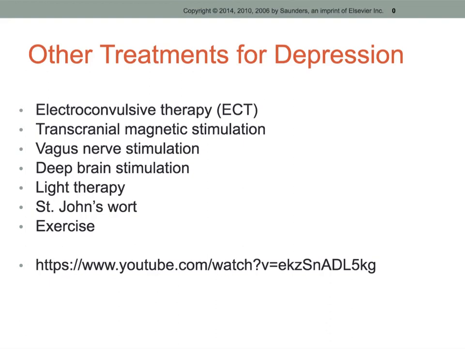For many people, the name makes us think that they're going to be overly restrained and have a full seizure. It has actually become more improved, and paralytic and anesthetic agents have made this a less traumatic experience.